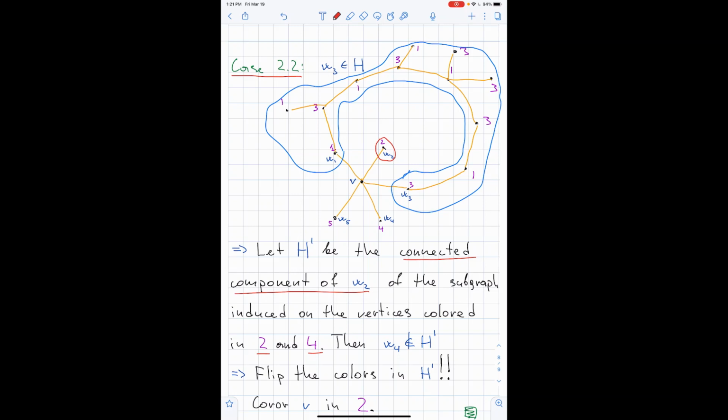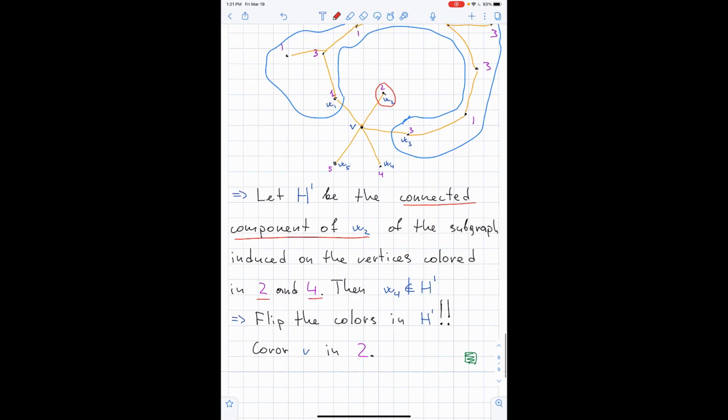So the point now is that this path we created from W1 to W3, which is colored in 1 and 3, separates W2 from W4. And what that means is that we cannot connect W2 to W4 by alternating colors 2 and 4. So in other words, W4 does not belong to H prime.